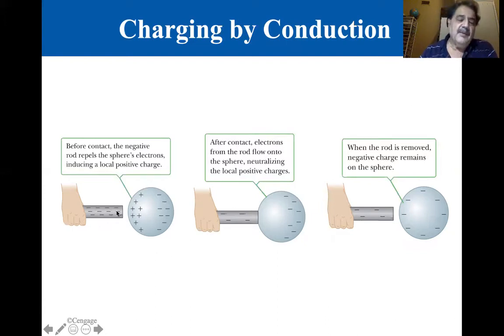Remember, opposite charges attract, so the positive charges are attracted to the negative charges on the rod, and they also repel the negative charges, so they go to the other side of the ball. After contact, the electrons from the rod flow onto the sphere, neutralizing the local positive charges. Now, when the rod is removed, the negative charge remains on the sphere. So you've just charged the ball by conduction, by actually making contact, allowing the charges to go onto the ball.